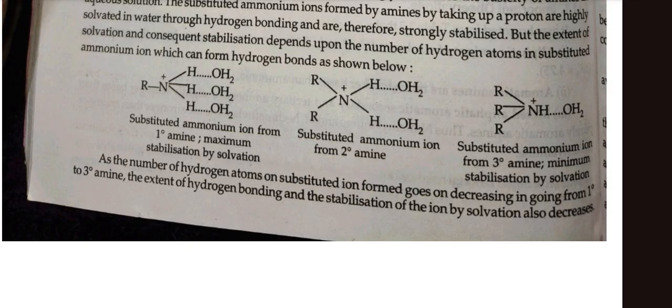Substituted ammonium ion from secondary amine. Substituted ammonium ion from tertiary amine: minimum stabilization by solvation. As the number of hydrogen atoms on the substituted ammonium ion goes on decreasing from primary to tertiary, the extent of hydrogen bonding and the stabilization of the ions by solvation also decreases.